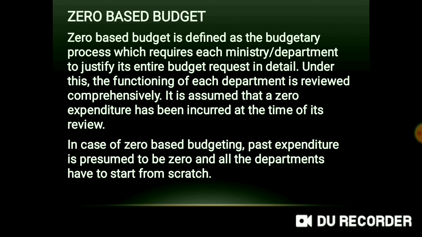But in case of zero based budget, it is a process which requires each ministry or department to justify its entire budget request in detail. Under this method of budgeting, normally the functioning of every ministry or department is reviewed comprehensively.